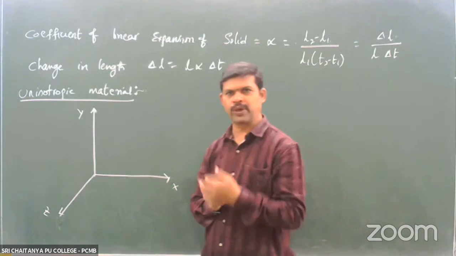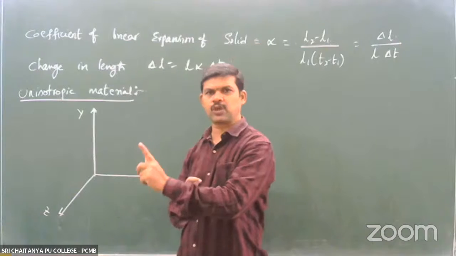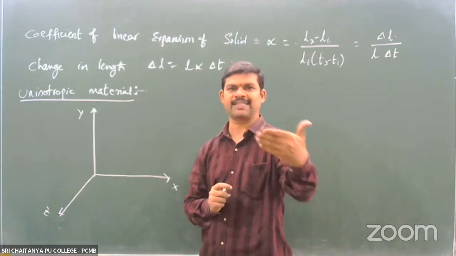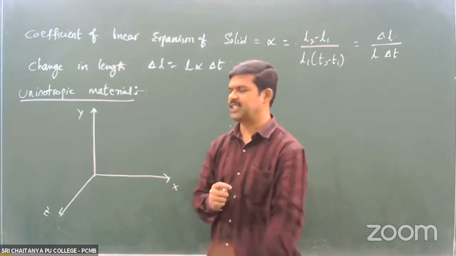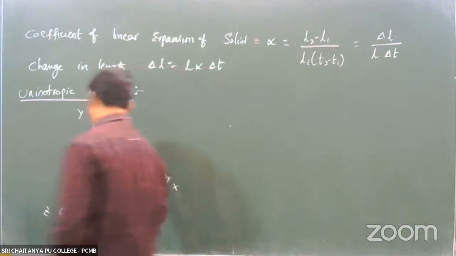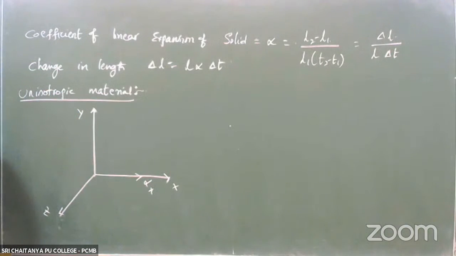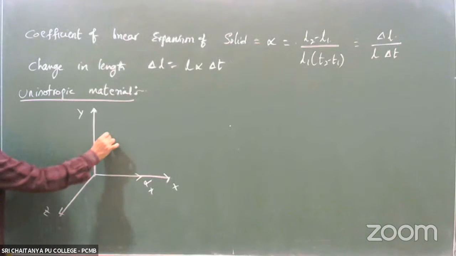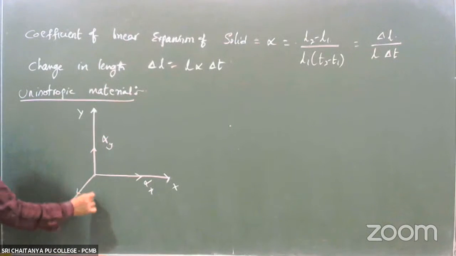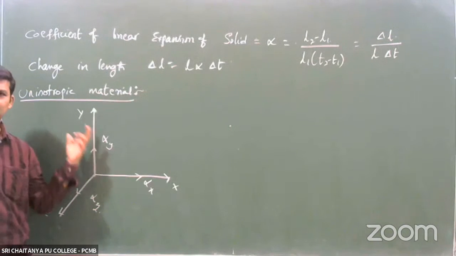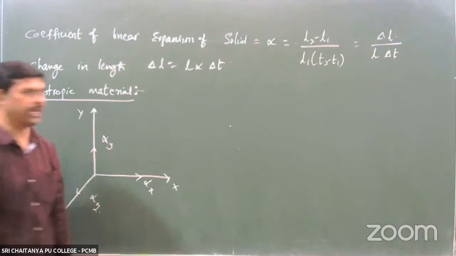The first thing you need to know is that it is thermally anisotropic. The expansion is different along different axes. Whenever expansion is different, their alpha values are different. Along the x-axis, the alpha value is alpha x, along the y-axis alpha y, along the z-axis let us take alpha z. Then what is the average coefficient of linear expansion for this material?